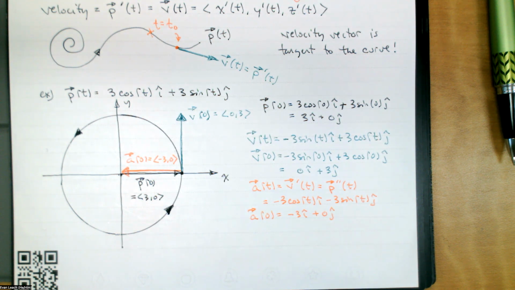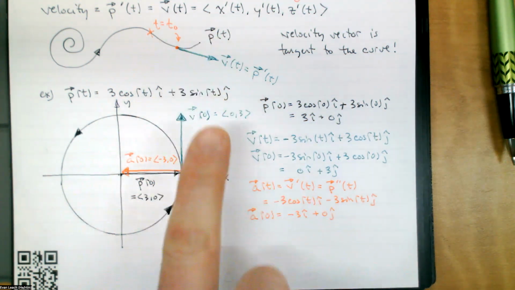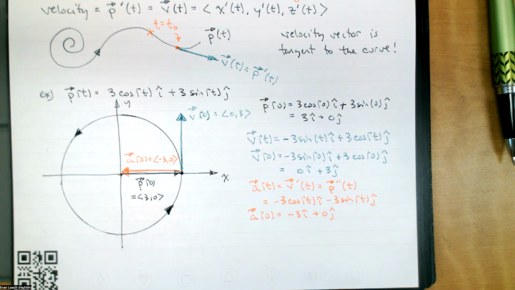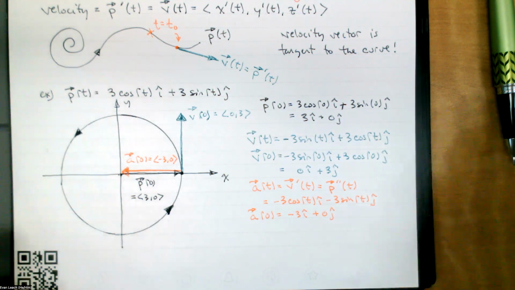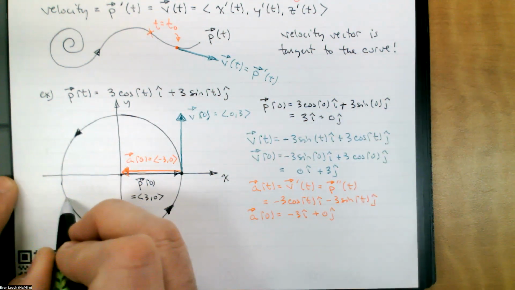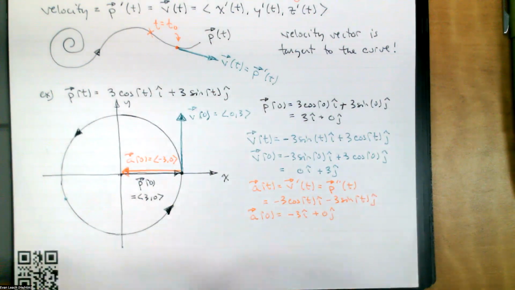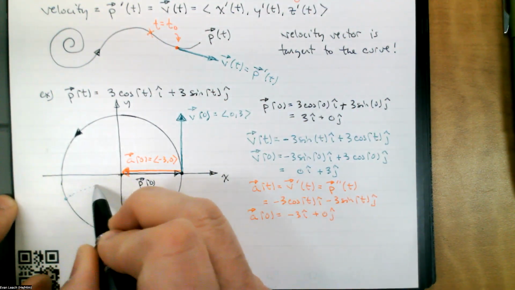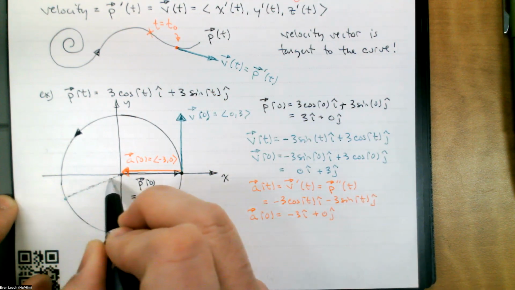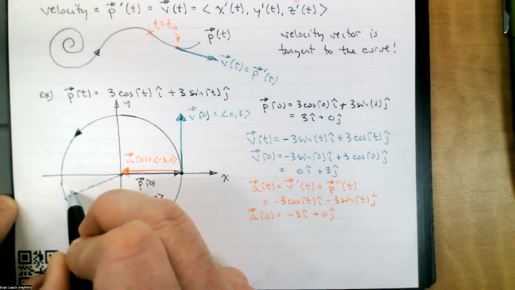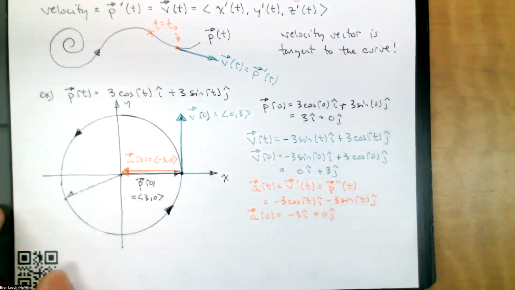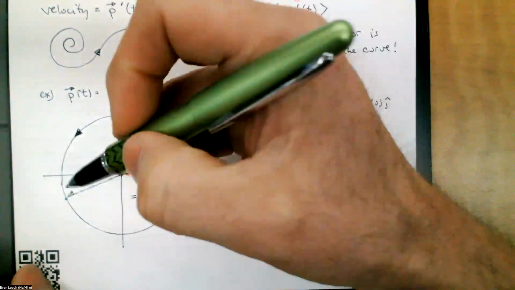And so we could see that at every point along this circle, we're just going to get that same picture. Our velocity is going tangent to the curve. Our acceleration will be pulling things normal to the curve. So if I pick a point over here, I've got my position vector. My velocity vector will be tangent to this.